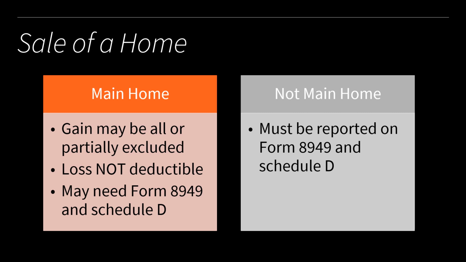If it was a loss, it won't be deductible on a main home. And they may or may not need to report on Form 8949 and Schedule D. If this was not their main home, then this sale must be reported on Form 8949 and Schedule D.